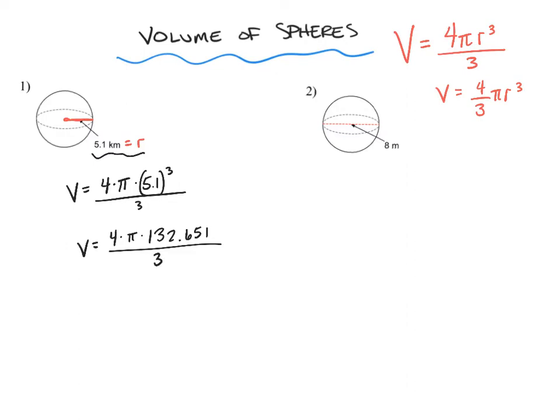All right, so I'm doing the rest of the work in my calculator here. I multiplied that 132.651 by 4, and I divided it by 3, and I left the pi alone. So my volume would be 176.868, and I still haven't multiplied by pi.